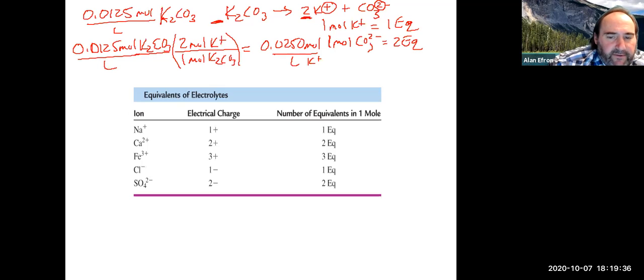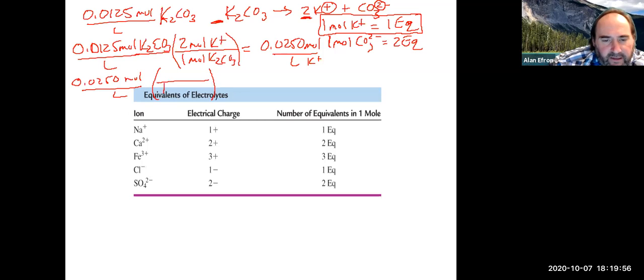We then can use our relationship here to go from moles per liter to equivalents per liter. And in this particular case, it happens to be a 1-to-1 relationship, which makes the math easy. Again, using that relationship, for every 1 mole of potassium, we get 1 equivalent, given as 0.025 equivalents per liter of potassium.